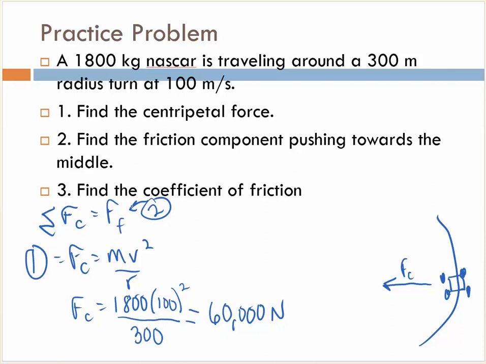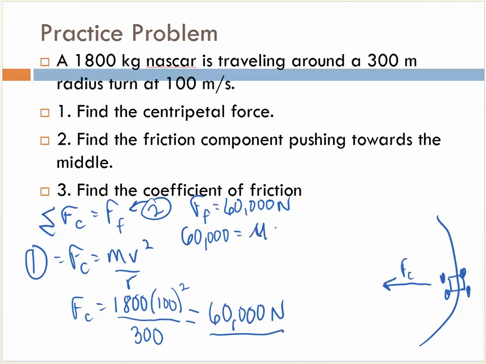Then it says find the coefficient of friction. So I'm going to say 60,000 equals mu times n. But I'm going to replace n over here by mass times gravity. The mass is 1,800. Gravity is 9.8. And I'm going to keep it positive because the normal's pointing up.